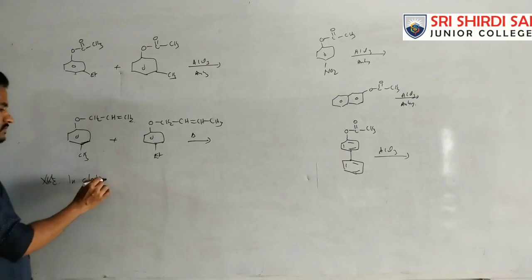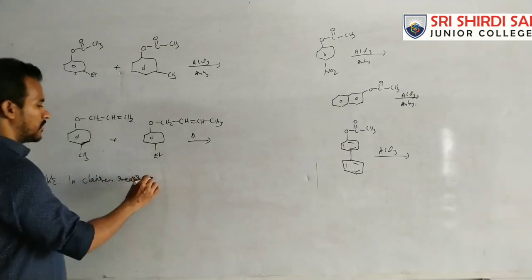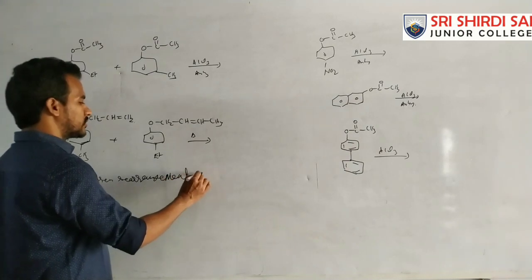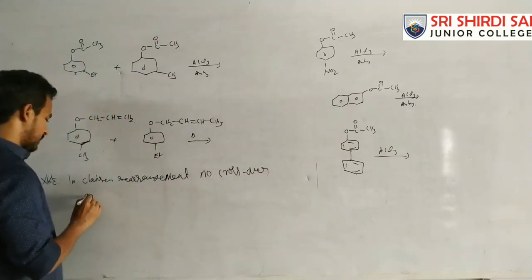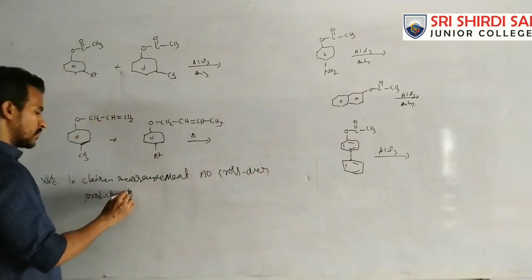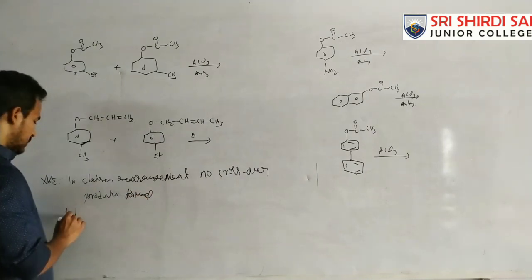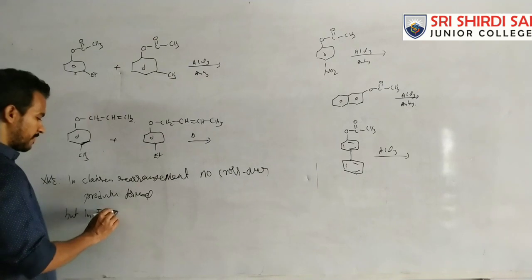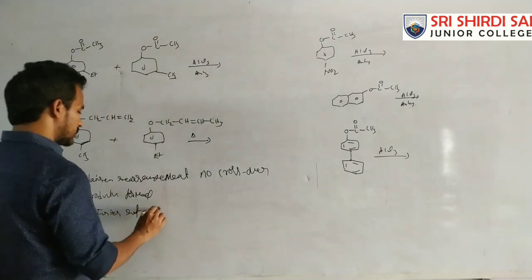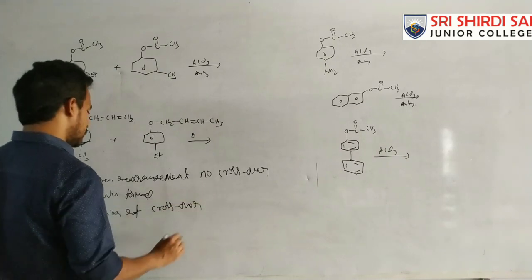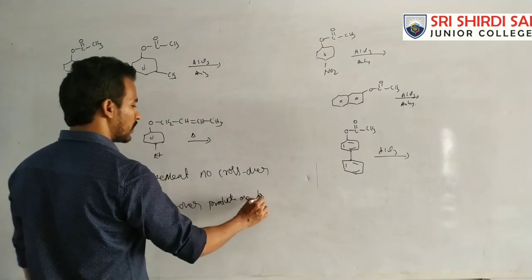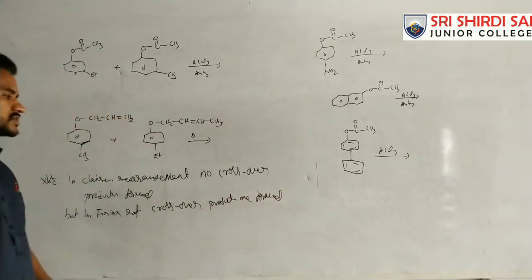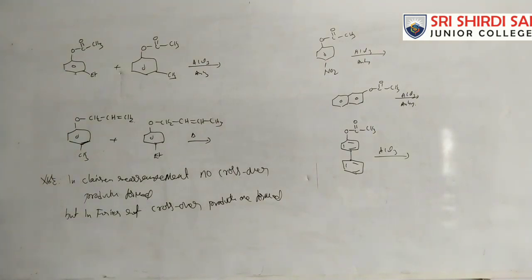In the Claisen rearrangement, no crossover products are formed, but in the Fries rearrangement, crossover products are formed.